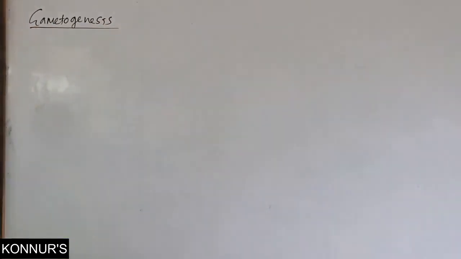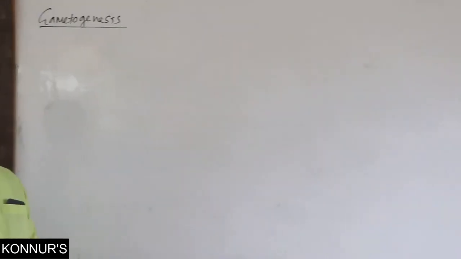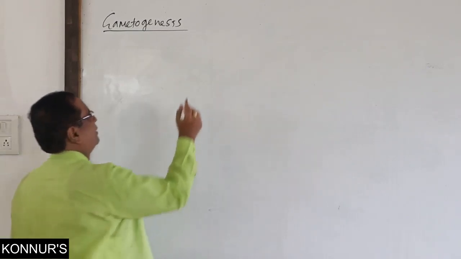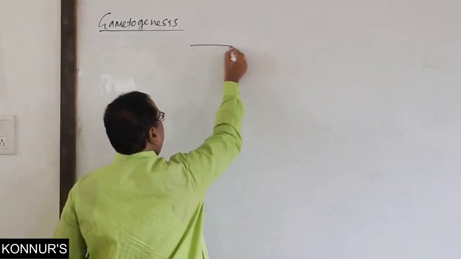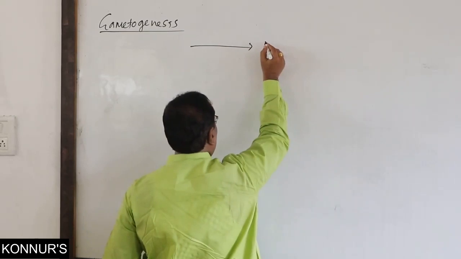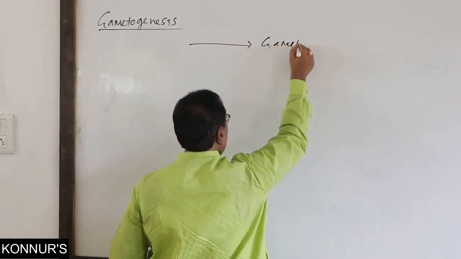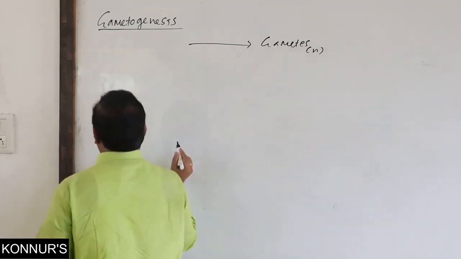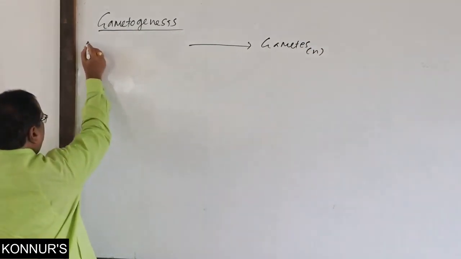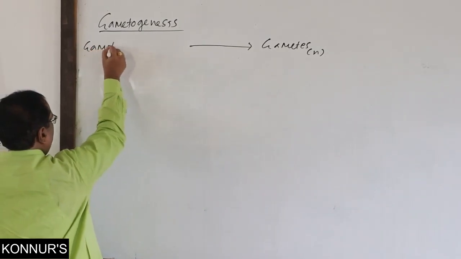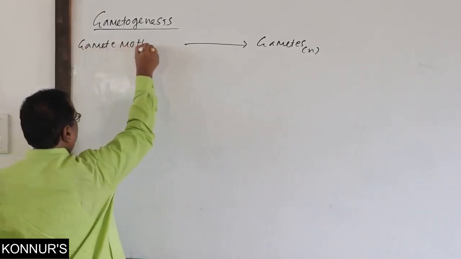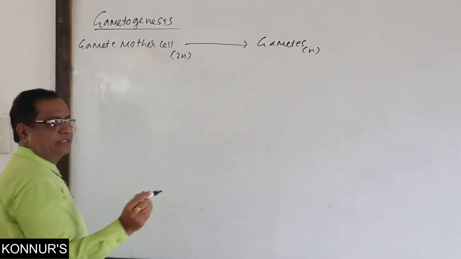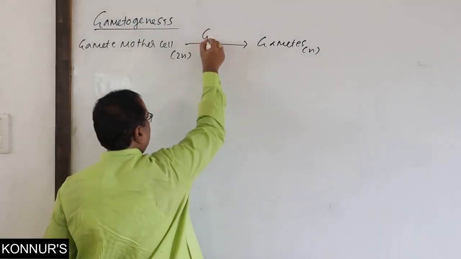Gametogenesis. Gametogenesis is a process where haploid gametes are formed from diploid gamete mother cells in gonads.